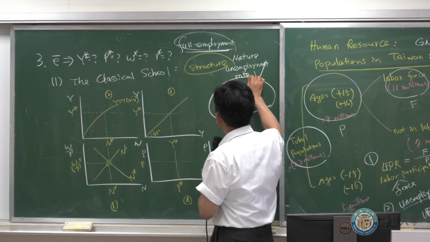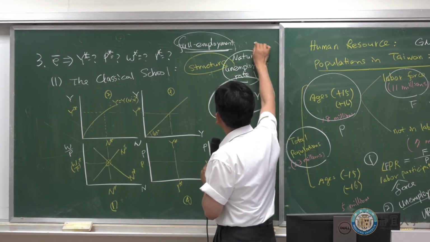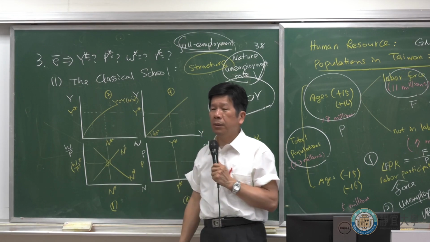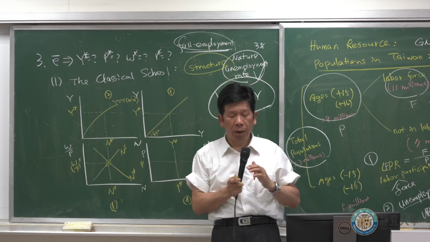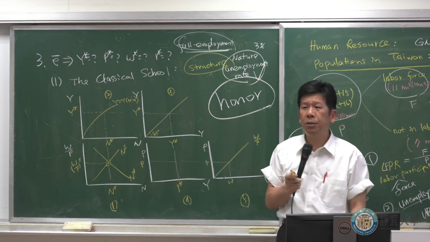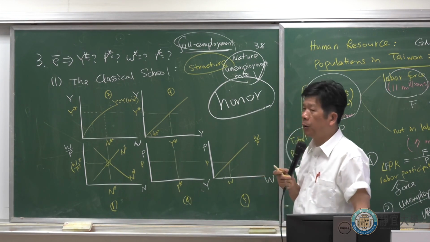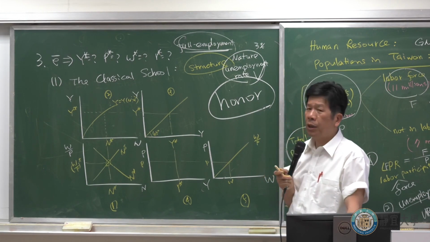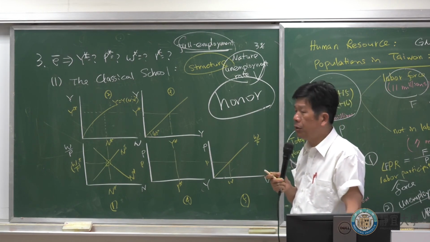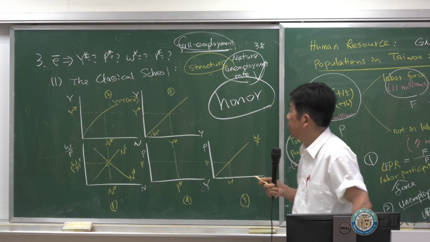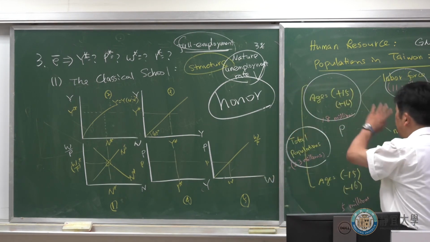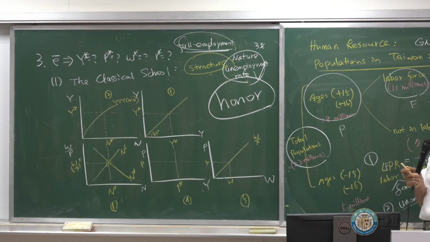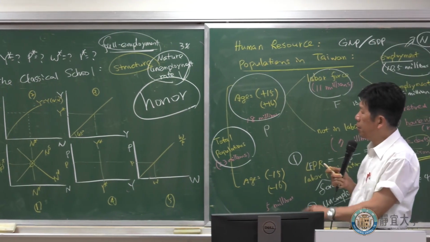How much is the natural unemployment rate? Maybe 3%. If you want to know about unemployment, you can try to know the definition of this situation. So this is the whole structure you need to understand about the classical school in the labor market.